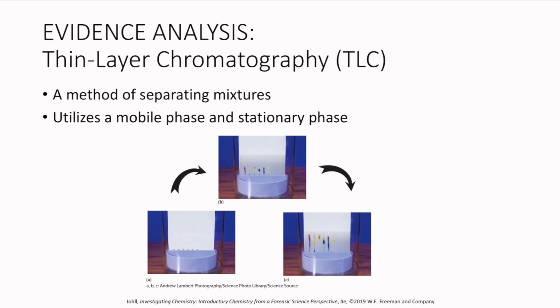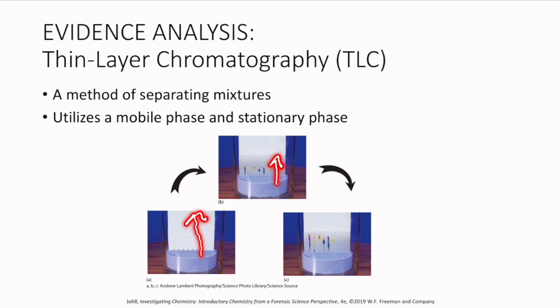Chemists use what is called thin layer chromatography, or TLC, to separate mixtures. So this is an example of a pen. You can see we have these dots here are different black pens, and you can use a mobile phase and a stationary phase. So the mobile phase is going to be the solvent down here, and it's going to move up the plate.